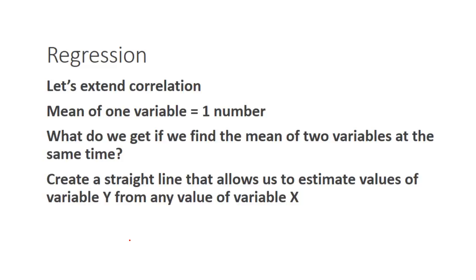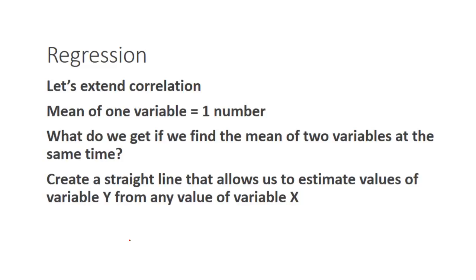Well, now we have two variables. If we want to squish these variables together, we want to find the mean of the two variables at the same time. I know you're thinking, why would I ever think to do that? Well, that's a very good question, and it's one of the most exciting things in life.